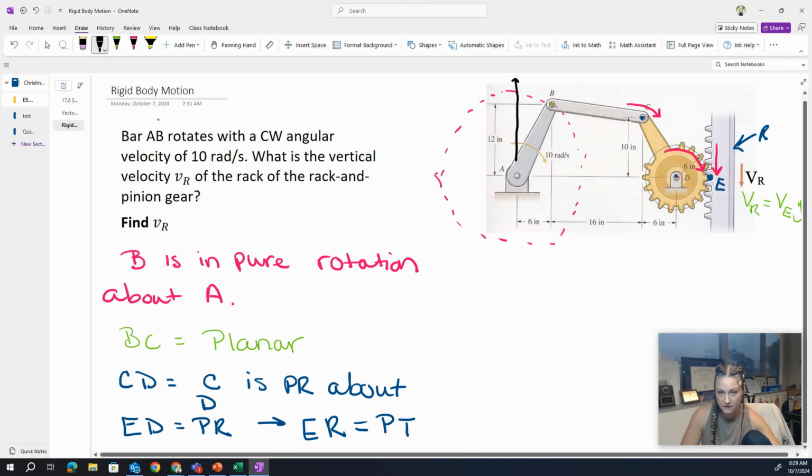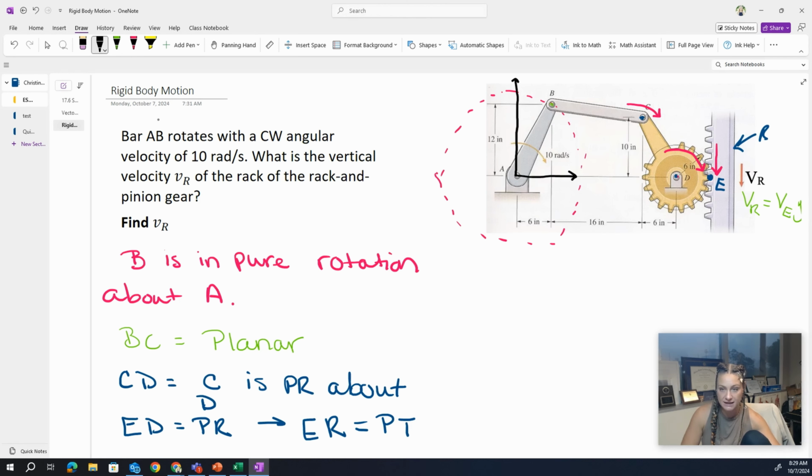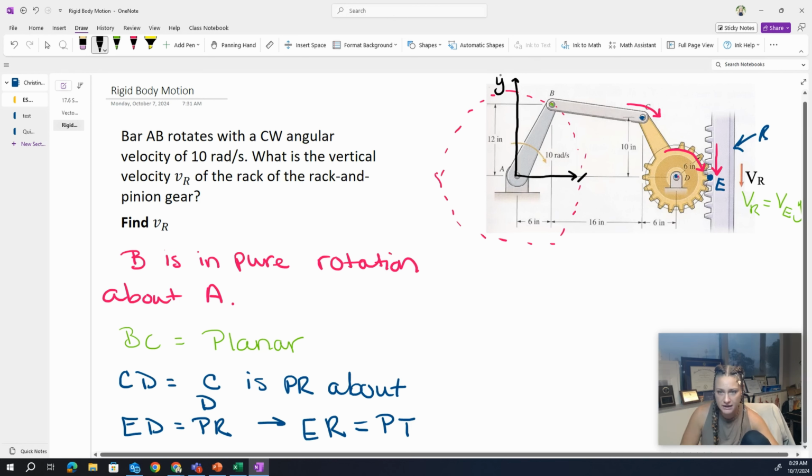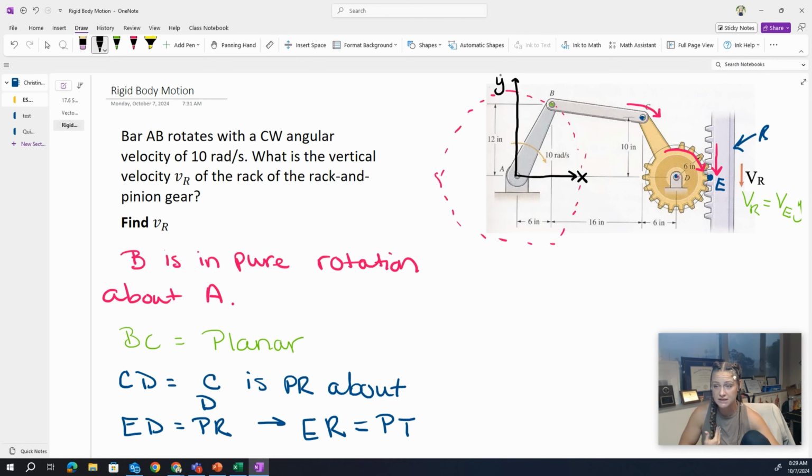I'm going to pick a Cartesian reference frame, because we have rotation and translation, and I am given lots of different measurements that are horizontal and vertical. So I'm just going to say that this is Y and X, and this rack is going to be moving downward at some velocity that I'm trying to find. So that is going to be in the J direction. Okay, so I'm looking for this.